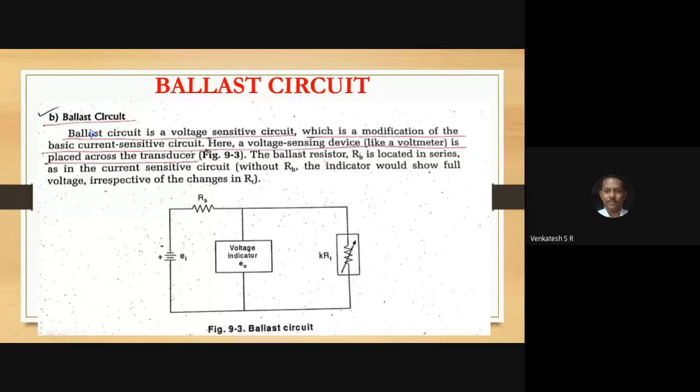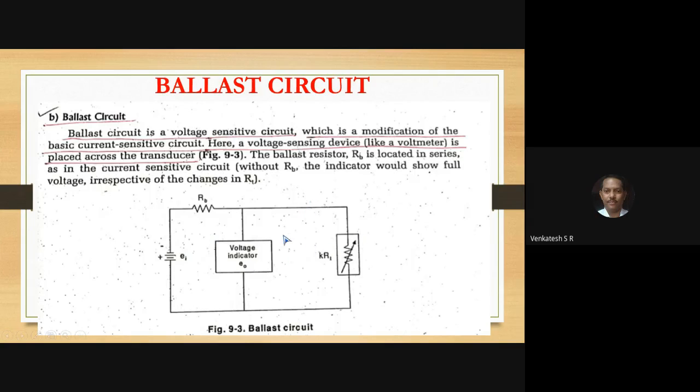For this question, you have to write balance circuit and write the diagram and name the parts of this circuit. That is the excited voltage EI coming from the battery, the ballast resistance RT, and the rheostat R1 multiplied by constant K. For measurement, the excited voltage EO.